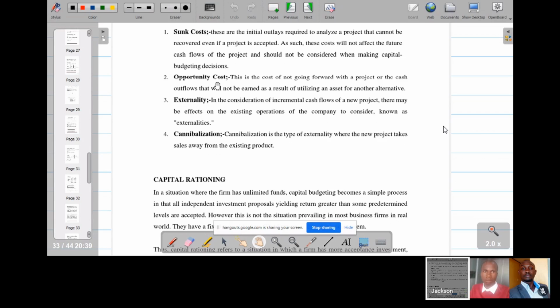I'm sure you know what opportunity cost is. It's like if you don't invest in machine one, there is that which you forgo. That is what we mean by opportunity cost. Then sunk cost is what you cannot recover, what you have invested. It's like the initial capital investment.